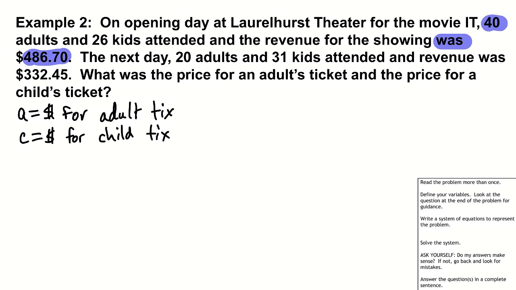So 40 adults and 26 kids equals 486.70. Questions writing that system?